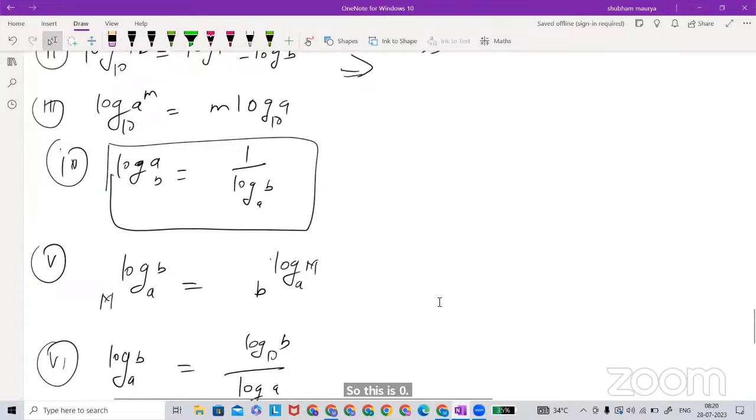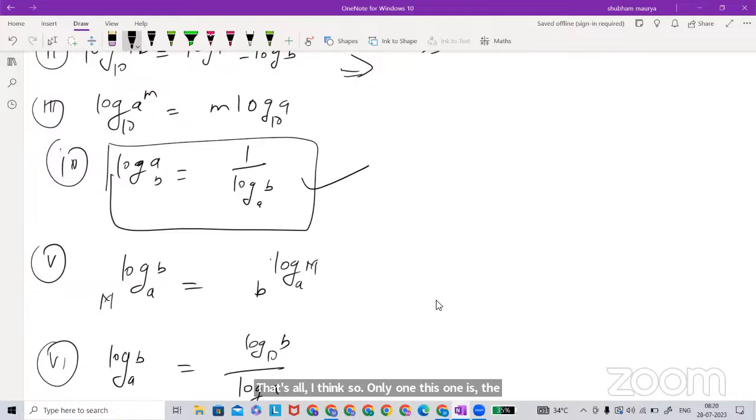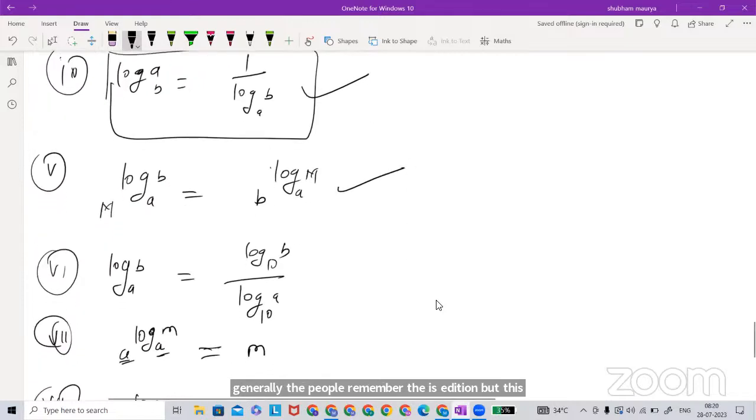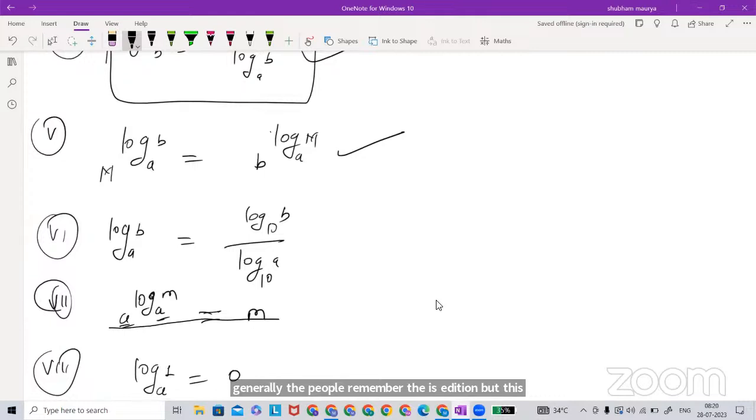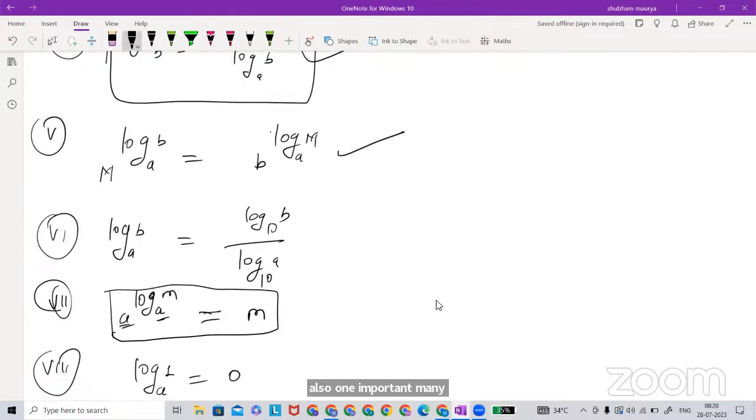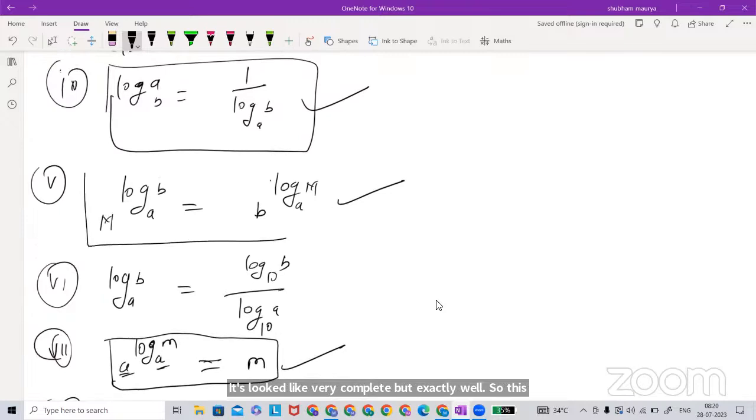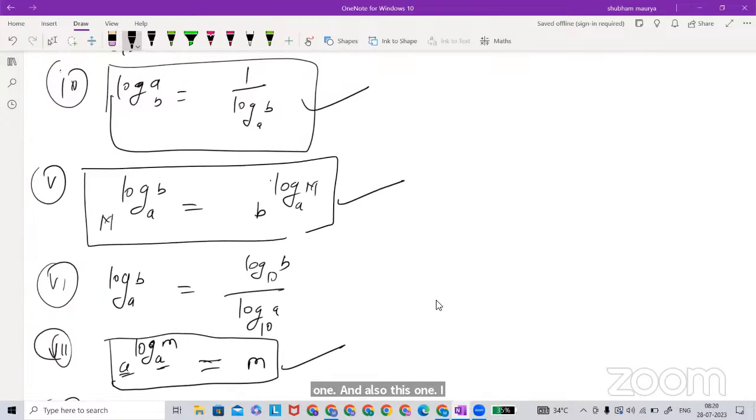Generally people remember the addition one, but this one is some kind of important, and this is also important many times. It looks very complex, but the value is exact. This one and also this one look complex, but can be done very easily.